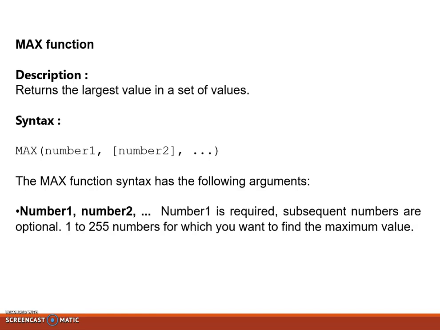Finding the max function now, the maximum. The max function returns the largest value in a set of values or the numbers which we provide in the data. The syntax is similar to that of min, equal to MAX, and in the brackets you write down the numbers.